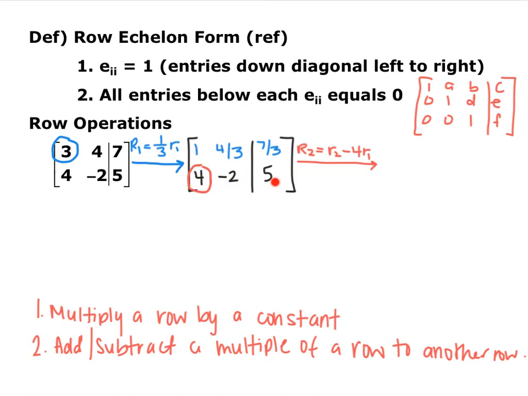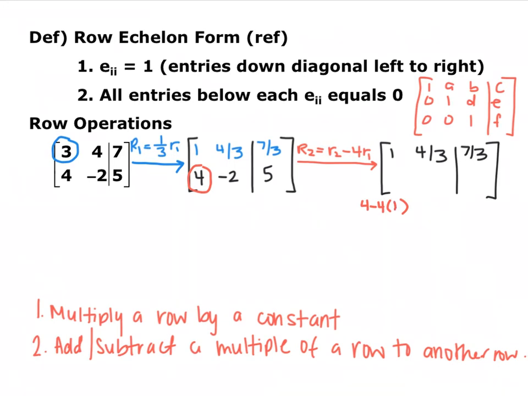My new row 2 is going to be my old row 2 minus 4 times my row 1. So I didn't touch this first row, so I'm just going to leave it the same, 1, 4/3, and 7/3. Now for this first one, I'm going to have 4 minus 4 times the entry right above it, so times 1.